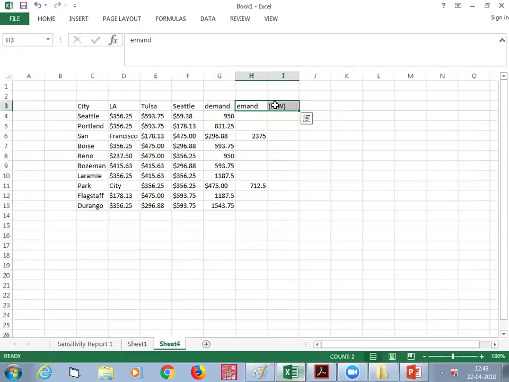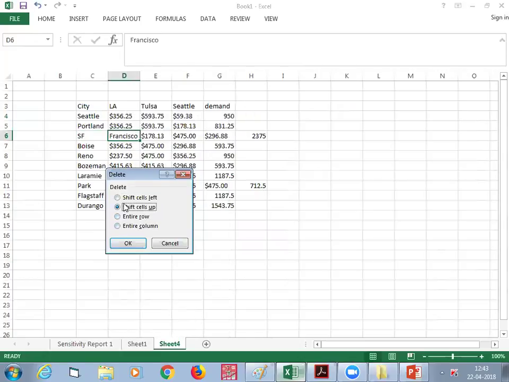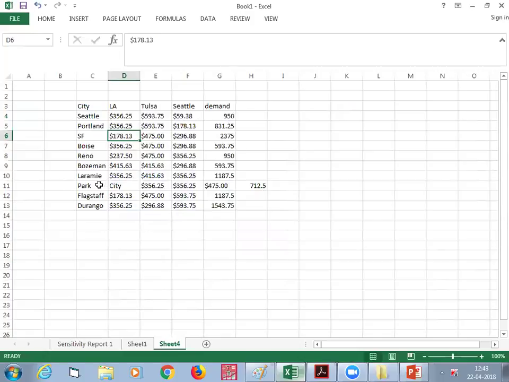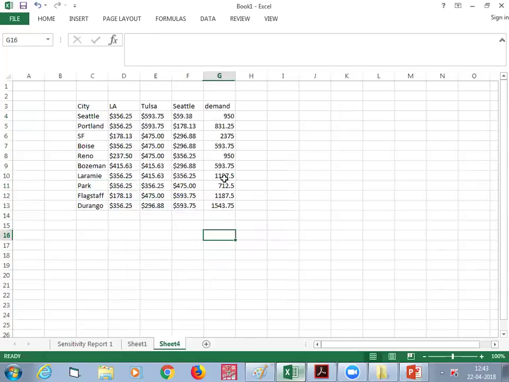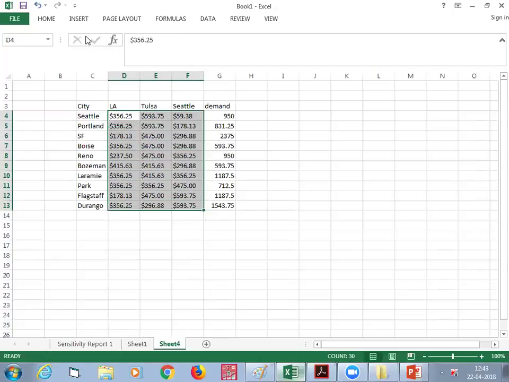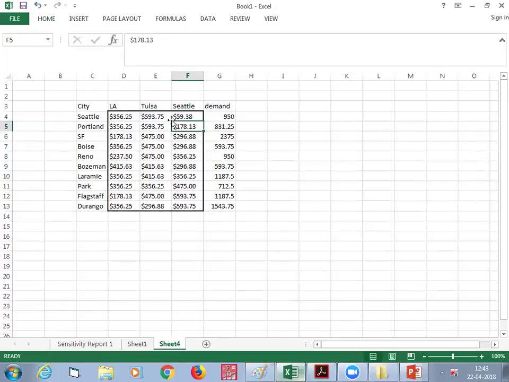And we don't need these. Okay. All right, this is SF we'll put, and then delete this one. And this is Park. Don't need to put. Okay, so these are the demands. This is the cost, and so on.